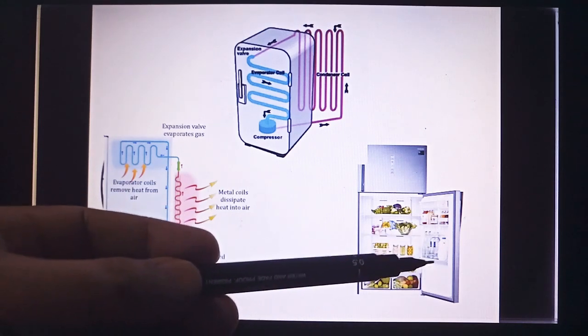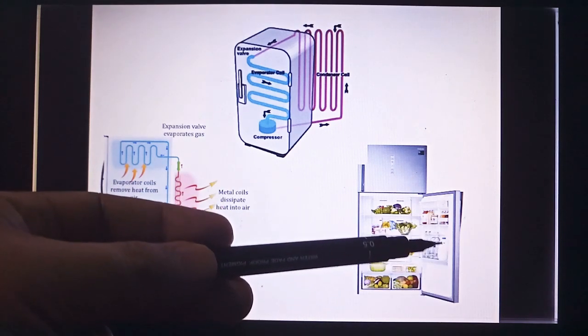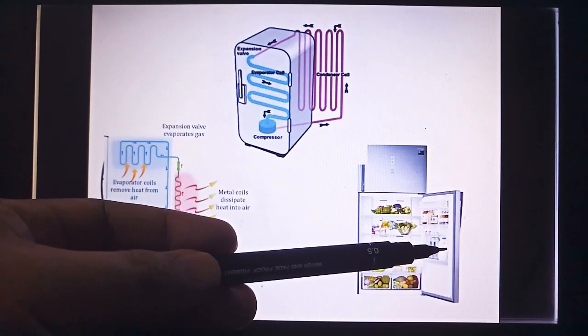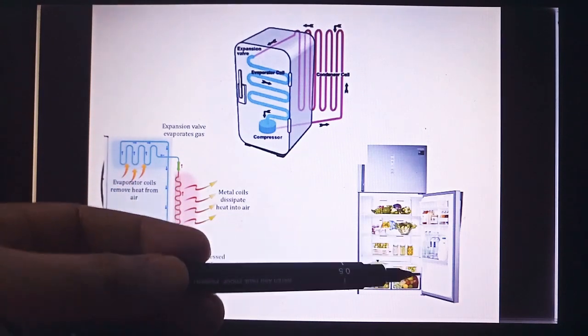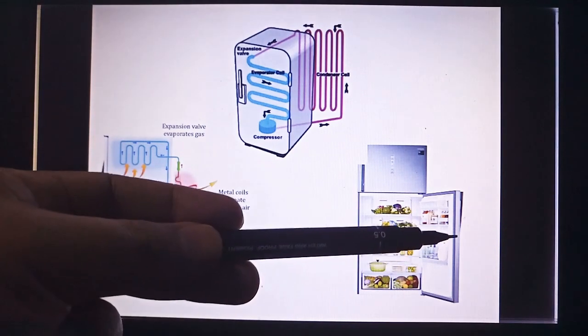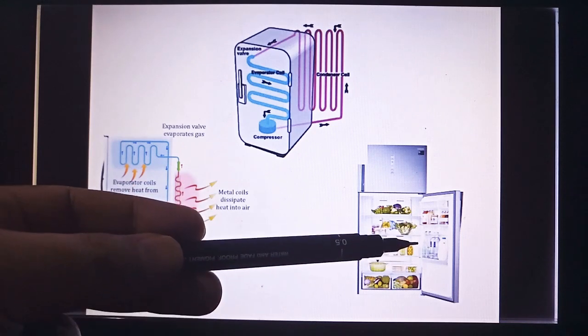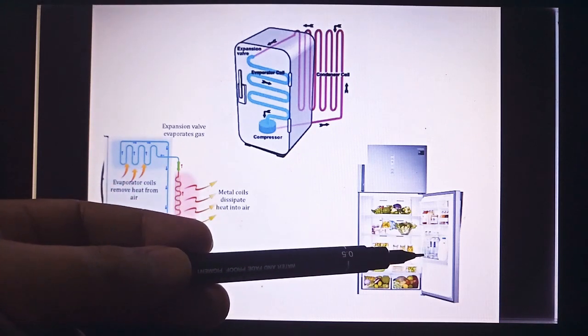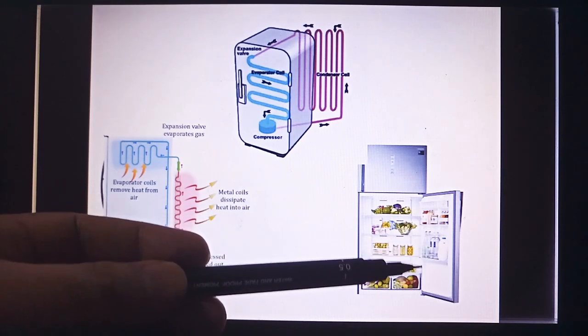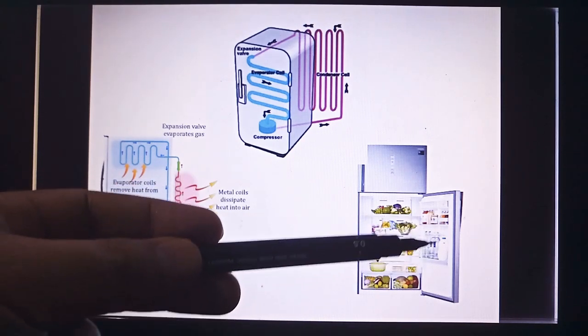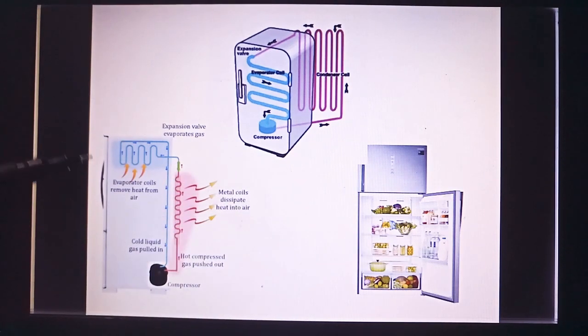Later on, the temperature of the water will decrease, assuming from 25 degrees it will become, let's say, 5 degrees Celsius, almost zero. For that difference, let's say 20 degrees, that is the heat coming from the water, and that heat is being absorbed by the refrigerant inside the coil.